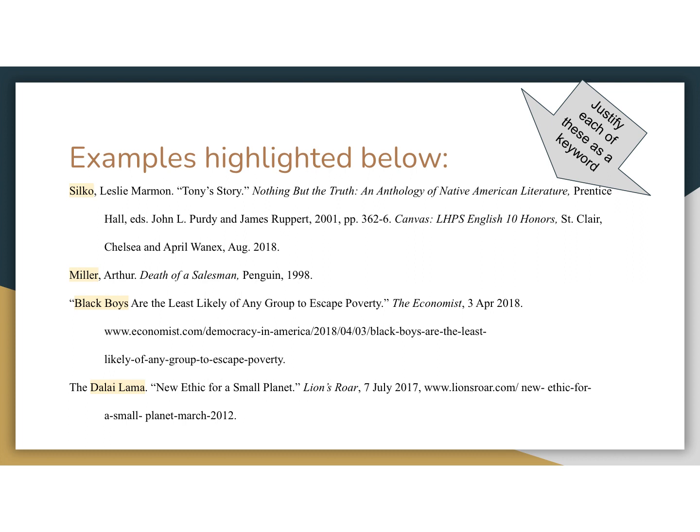We've got Silko and Miller. And then you'll notice down here for this next one, for Black boys are the least likely of any group to escape poverty, that there is not an author because The Economist doesn't publish them. We have any number of things that may not have an author that we would just skip that part and go to the next.